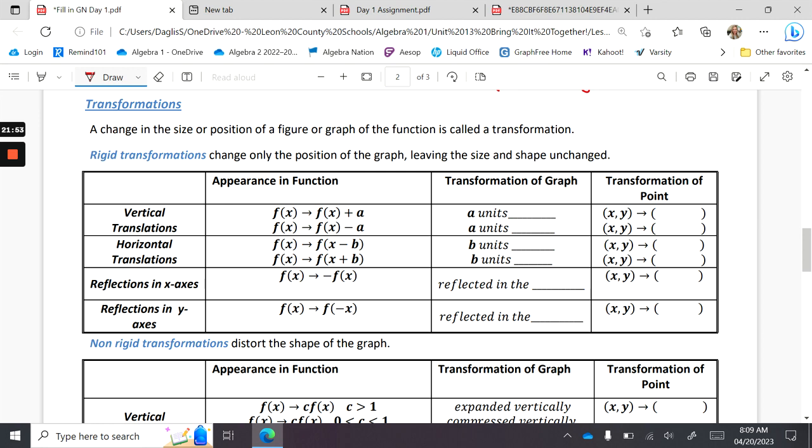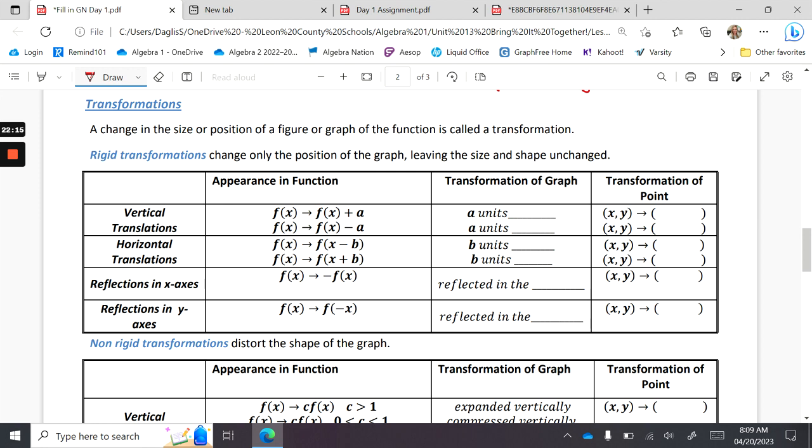Rigid transformations change only the position of the graph, leaving the size and shape unchanged. So this will be our up, down, left, right, and reflections. Okay, so it's not going to stretch or compress anything. It just takes the actual image, slides it, or flips it.